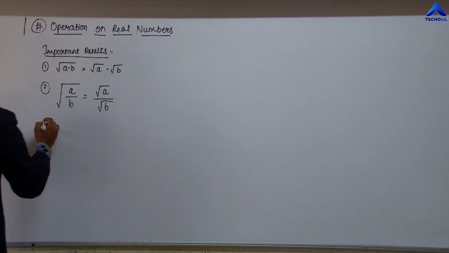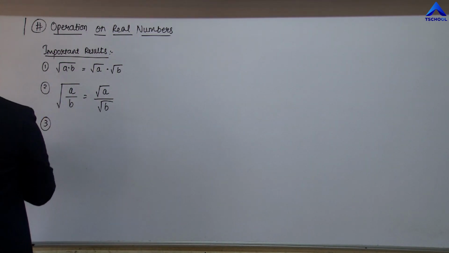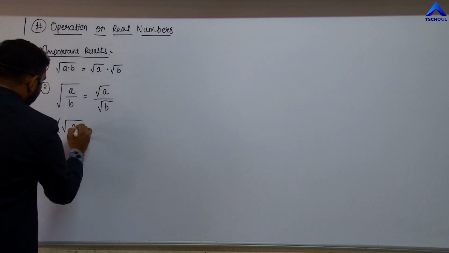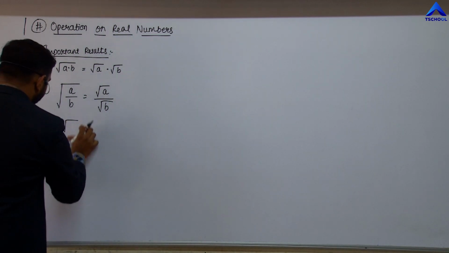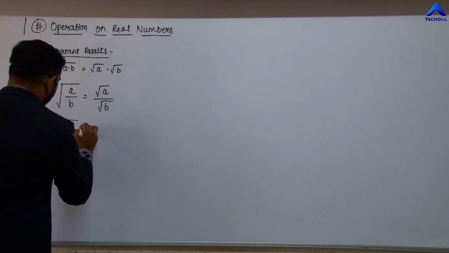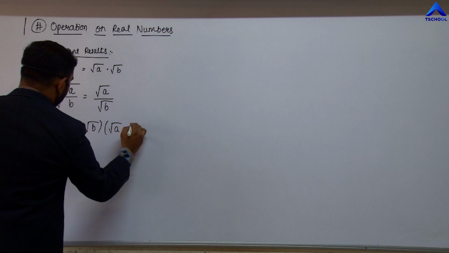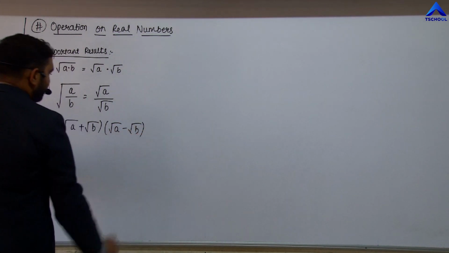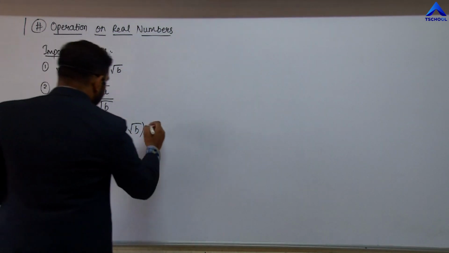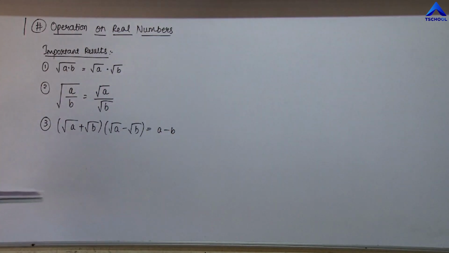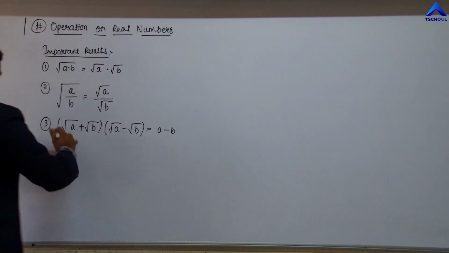Then the third thing that we can write down here is, if we are having two numbers, square root of a plus square root of b multiplied by square root of a minus square root of b, then this can be written as a minus b. I'll explain how here. First of all, let me write down.